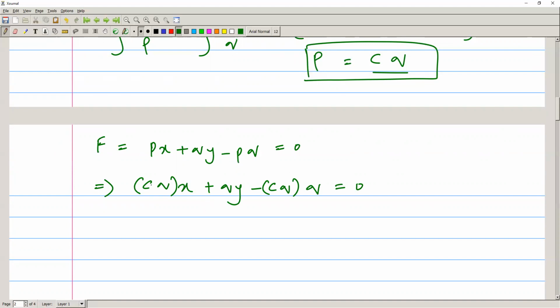Now we apply this to the given differential equation. We just replace p with cq. So now we can write it as cqx plus qy minus cq squared is equal to 0.